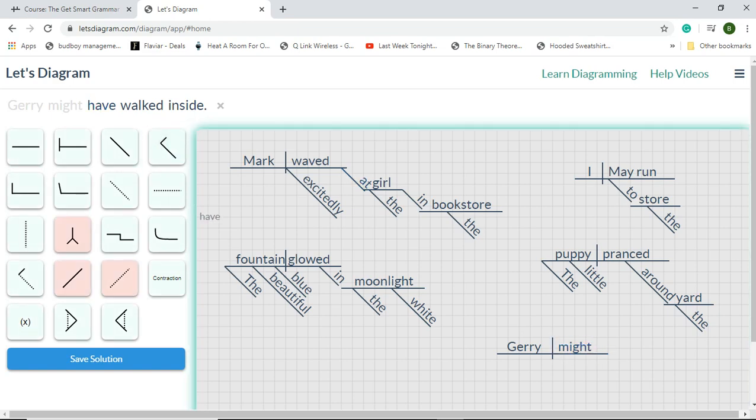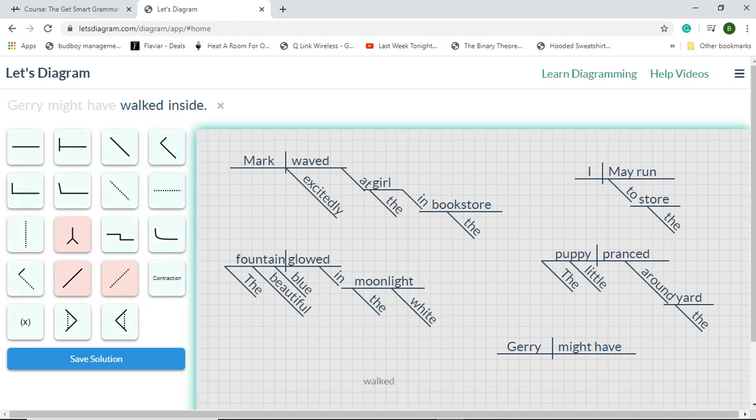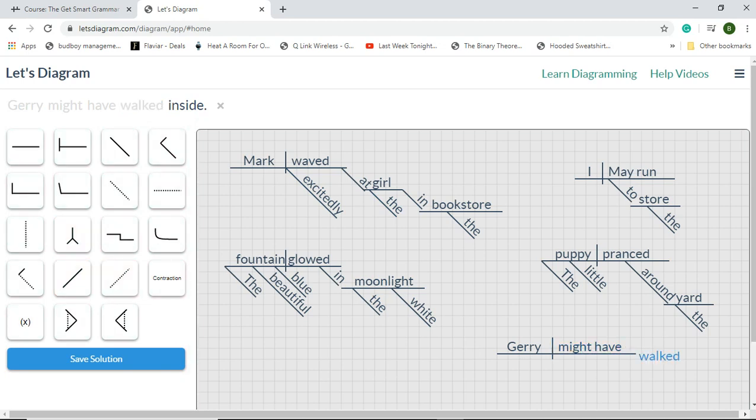We have another helping verb, have. And walked is our main verb. Okay. So might have walked is our whole verb phrase.